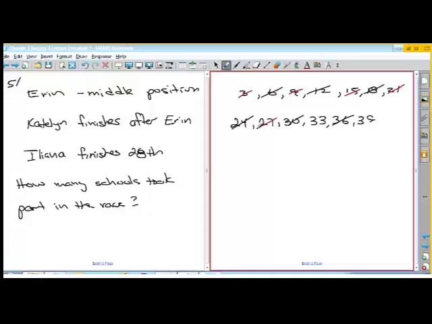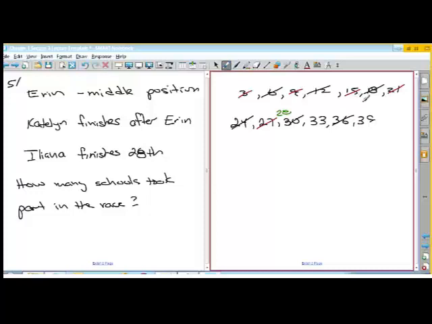So let's see, Ileana is in 28th place. Oh, 19th position.